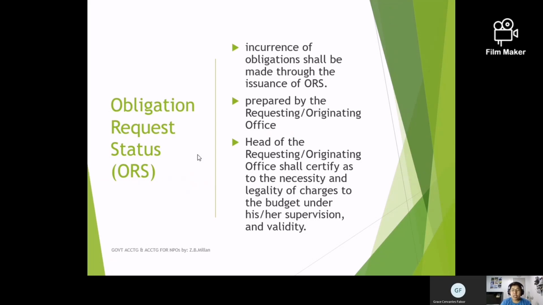Kaya nga po, kung sakasakali na merong illegalities or irregularity dun sa disbursement, kasama po yung head of the requesting agency sa kini-question. Kasi isa siya sa nagsacertify as to the necessity and legality and also validity of the transaction. So, yun yung mga forms na ginagamit natin. Meron pang mga ibang forms na ginagamit sa government. Actually, marami. Pero, basically, ito yung medyo importante dito sa chapter natin.